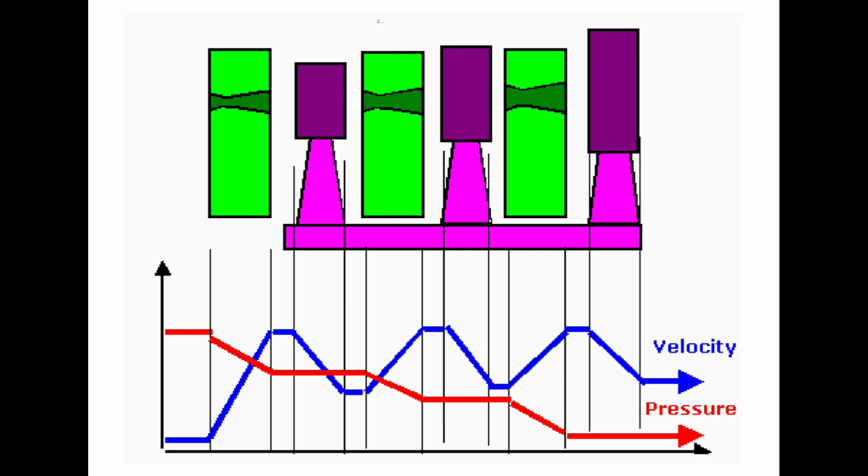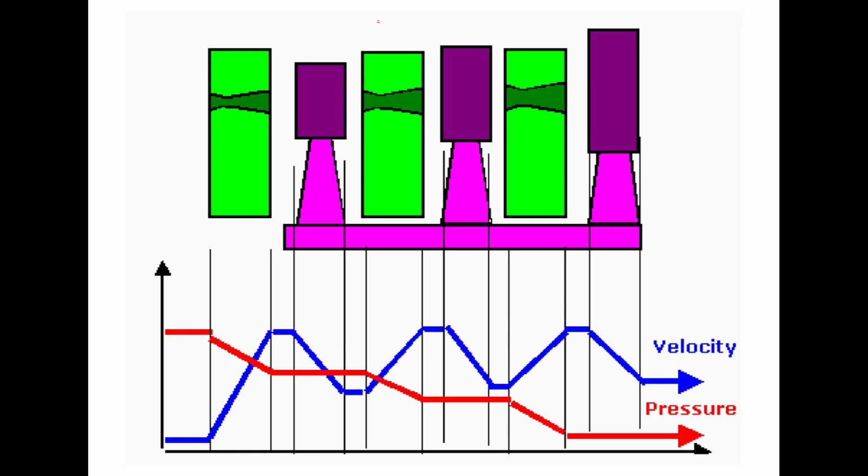The nozzle then supplies the steam into the moving blade, and the exit steam of the moving blade enters the second nozzle, and then the exit of nozzle 2 enters the second moving blade. In that way the process continues stage by stage.